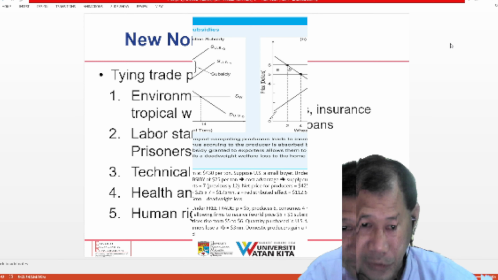So eco-labeling is another tactic of stopping tropical woods, for example from Malaysia and other countries, from going into European countries. So in the EU, they have eco-labeling of tropical woods.